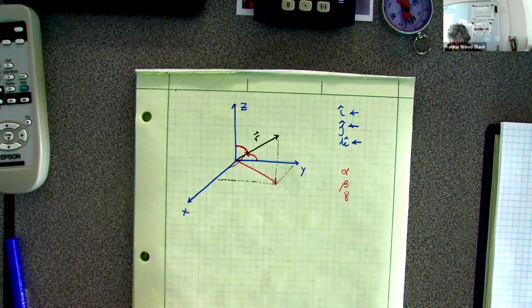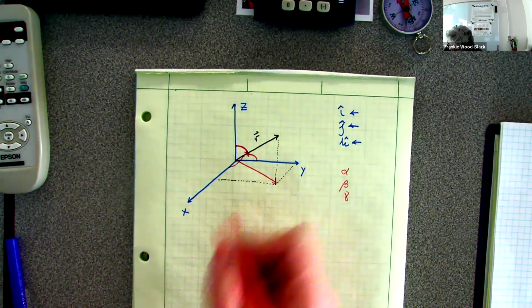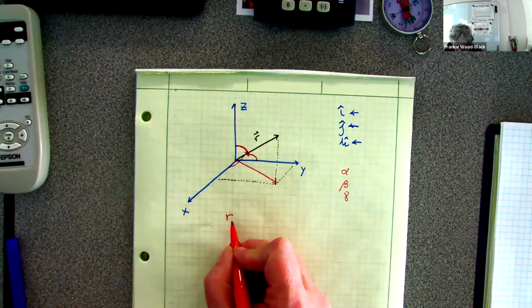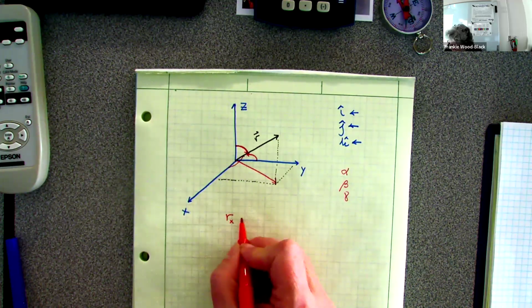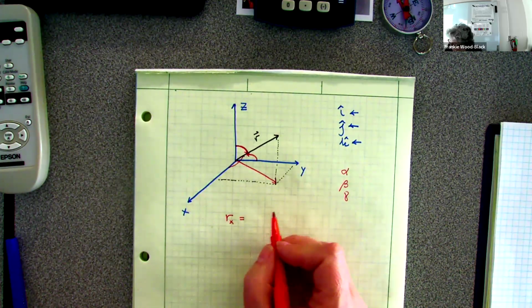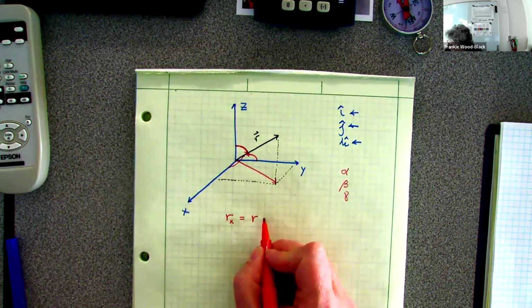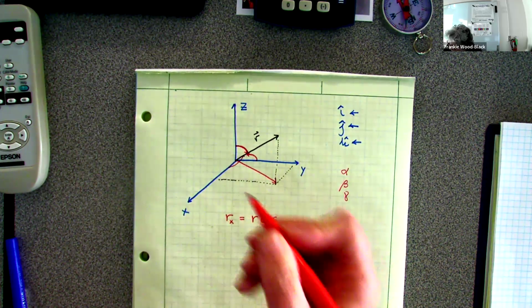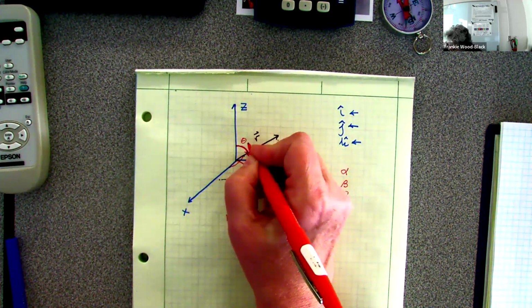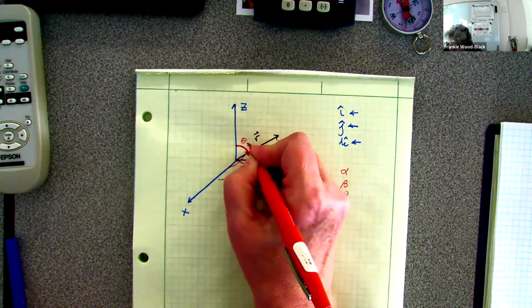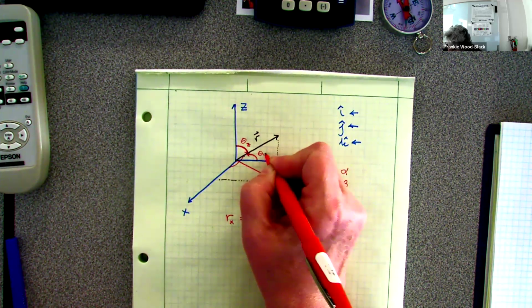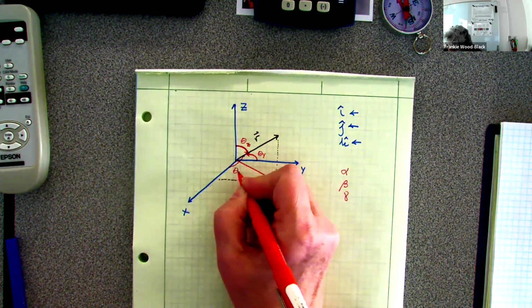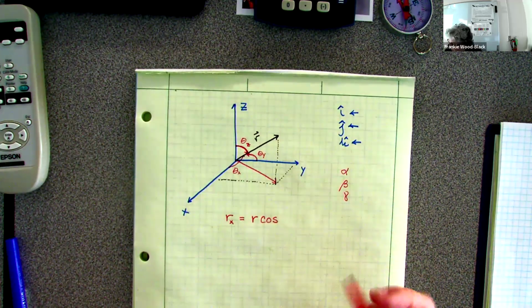And so R in the X direction is going to end up being R cosine theta X. We'll do this as theta Z, this as theta Y, and this as theta X, but you can have them as alpha, beta, and gamma.